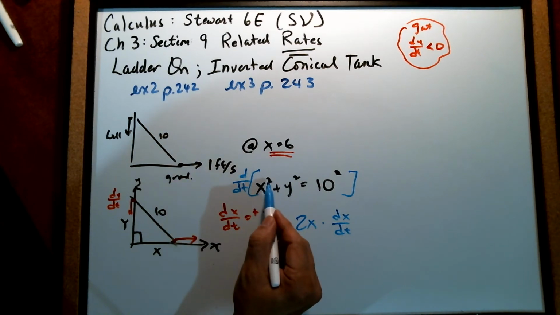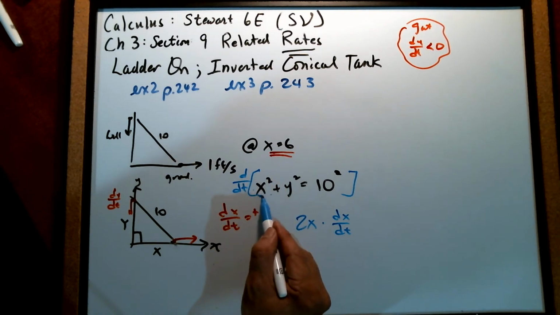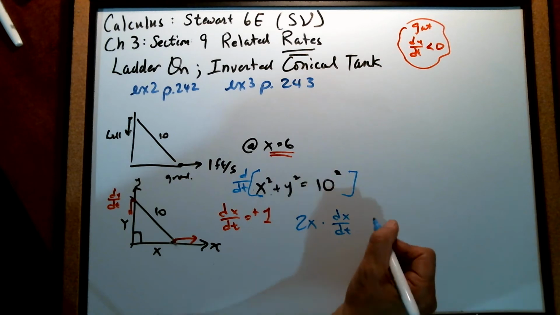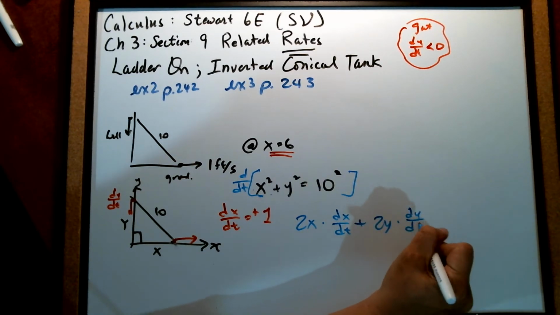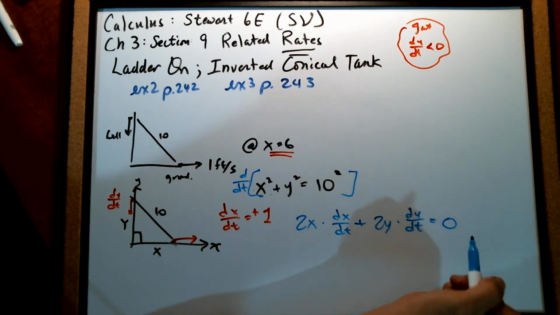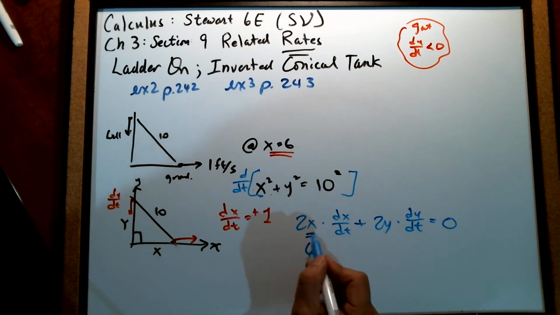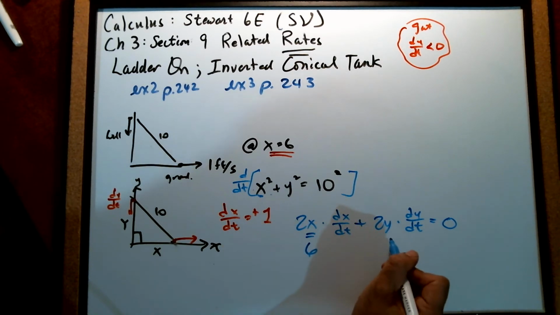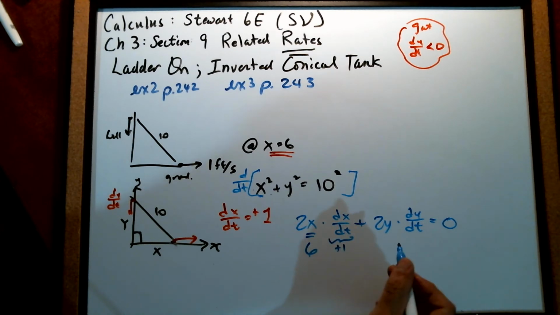So using the power rule, we bring it on down, subtract 1 from the exponent, and multiply by the derivative of the inside, that's dx dt, plus 2y times dy dt is equal to the derivative of 100, a constant, which is 0. And now we also know that the x value is 6. After we take the derivative, we can plug in 6. We know what dx dt is. That's equal to 1.